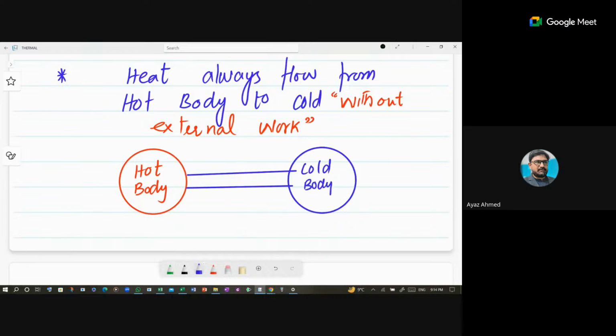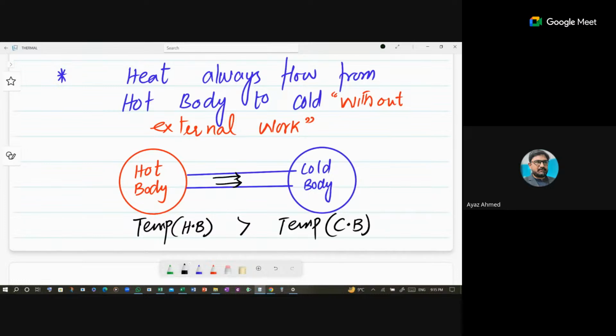So when we say that heat is exchanged from hot body to cold body, the temperature of hot body is always greater than the temperature of cold body.